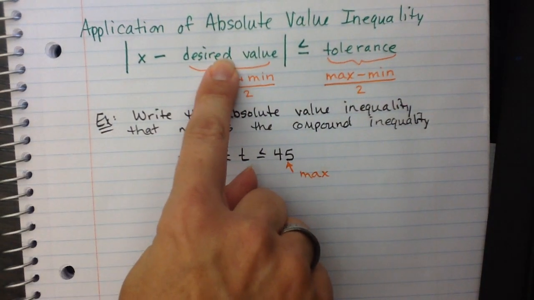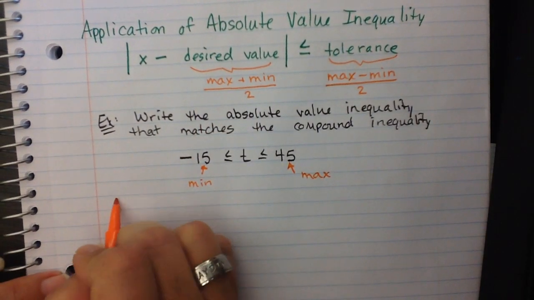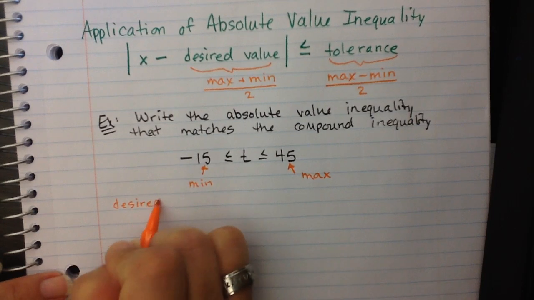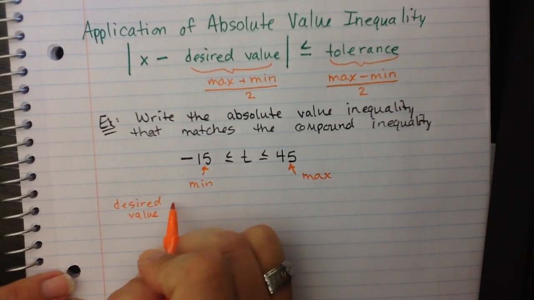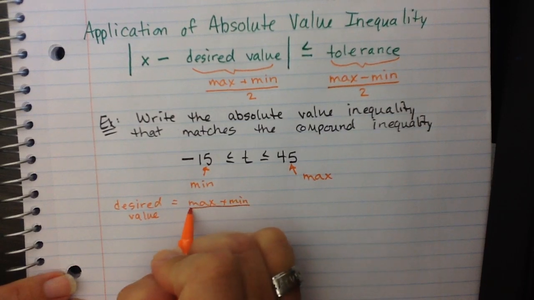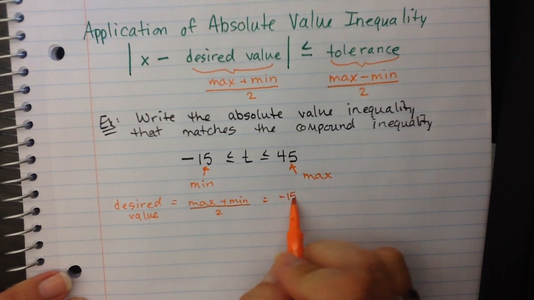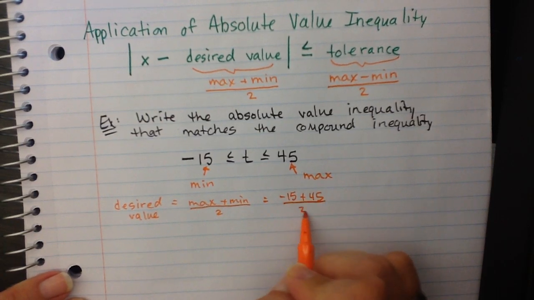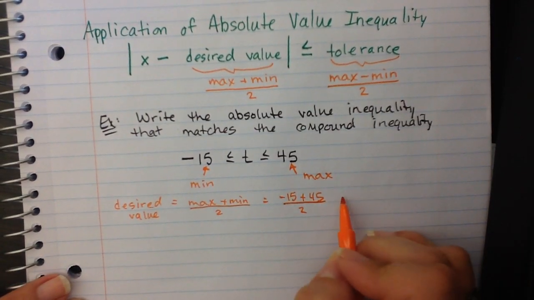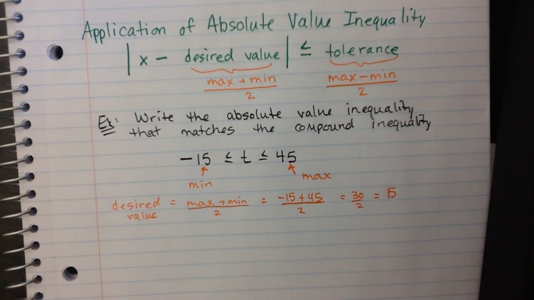So the desired value is found by taking the max plus the min divided by 2. So desired value equals max plus min divided by 2. That will be -15 plus 45 divided by 2, or 30 divided by 2, which is 15.